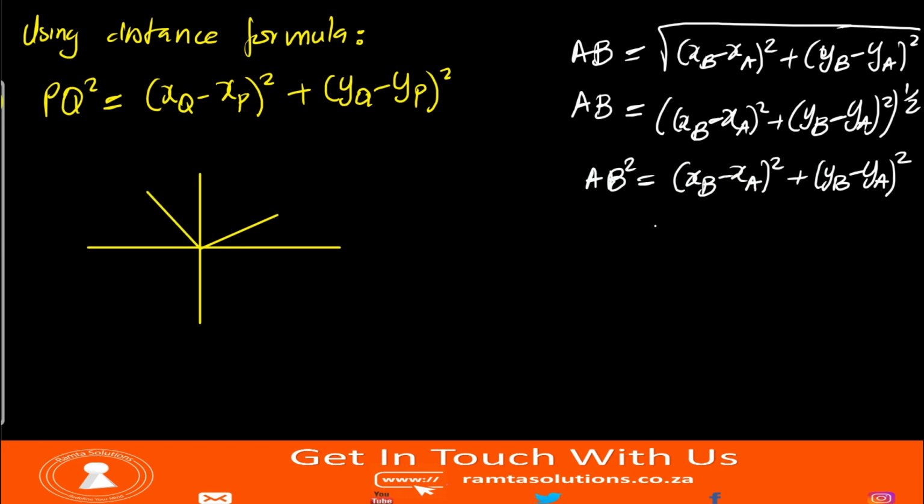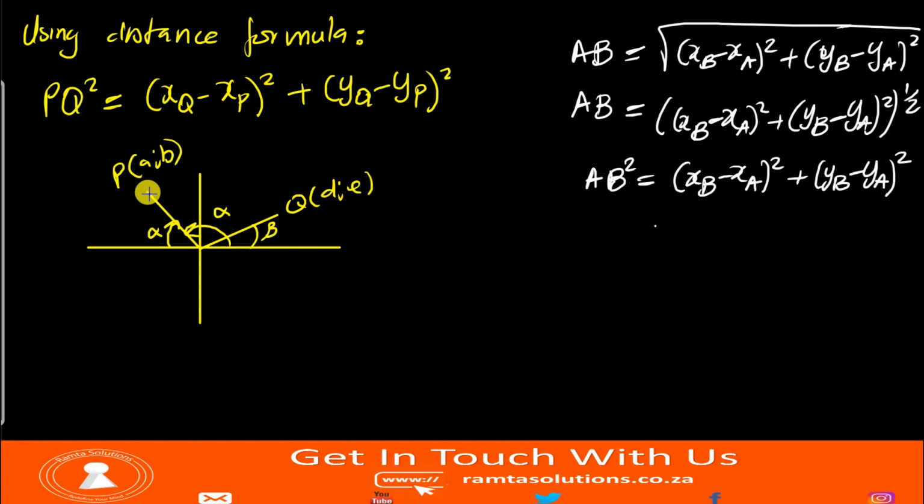Now you had P with A and B, and then you had Q with D and E. So this was alpha, while this one here was beta. So we can also say this one here, going upwards, is alpha.